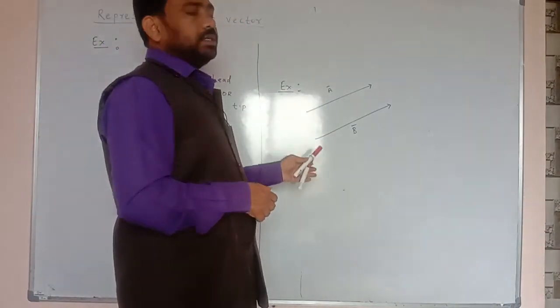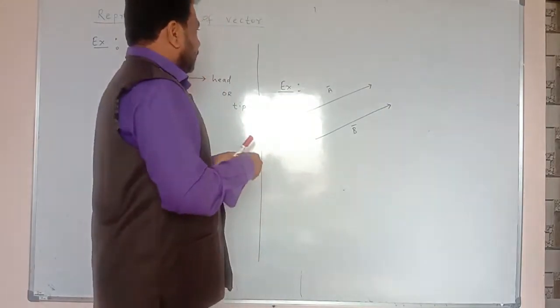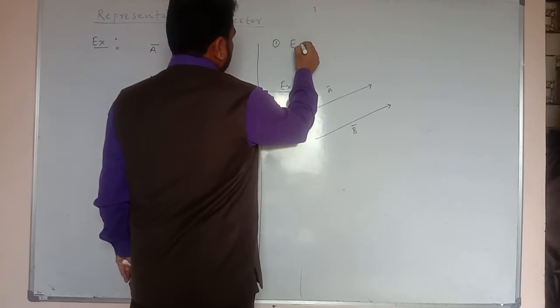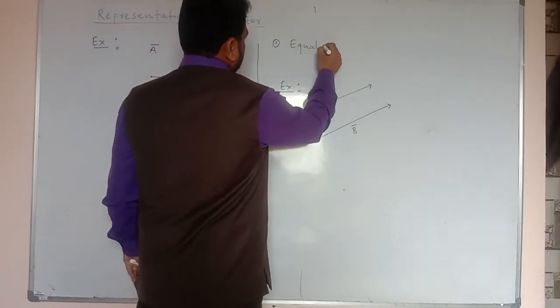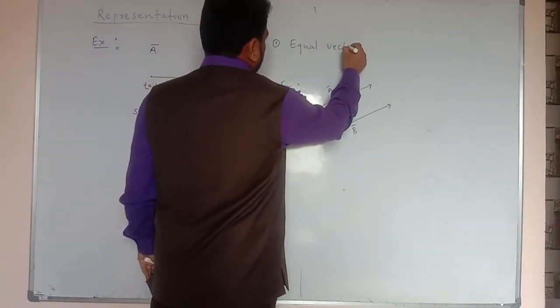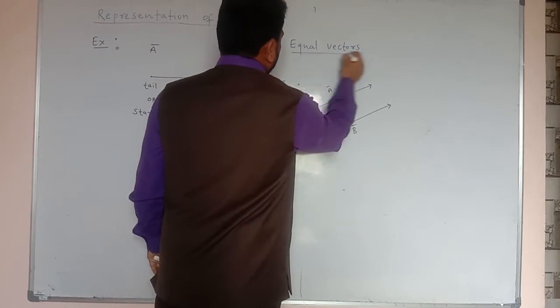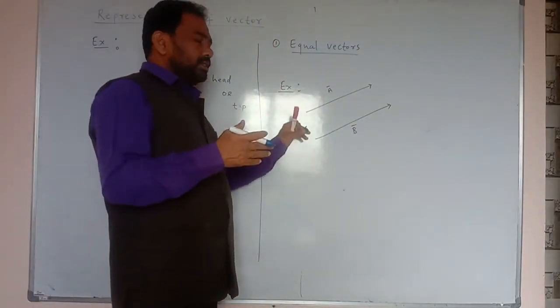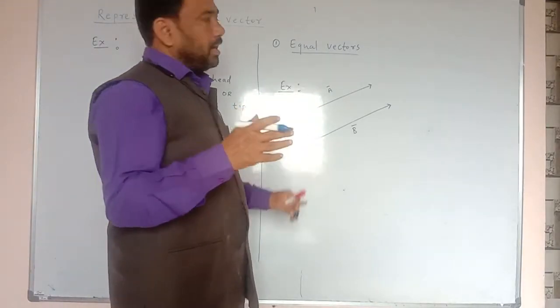So such vectors are called equal vectors. So our first point is equal vectors. Equal vector means what? Equal vector means both have the same direction and both have the same magnitude.